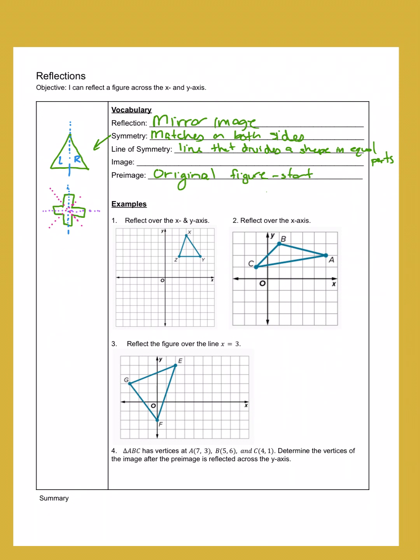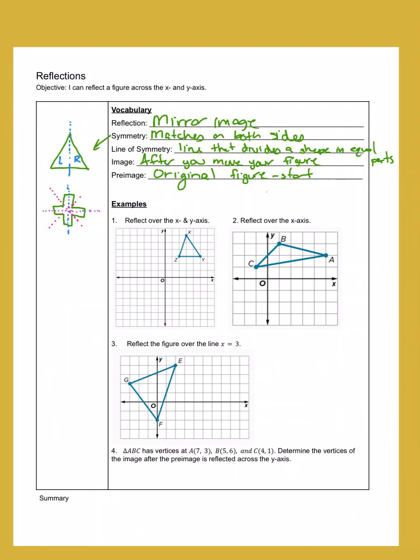And the image is after you, let's say, move your figure. We're going to say move because in this case we're going to reflect that figure. But in other lessons we might rotate that figure, we might translate that figure, we might do several things to it. So pre-image is the image you start with. The image is your result afterwards.